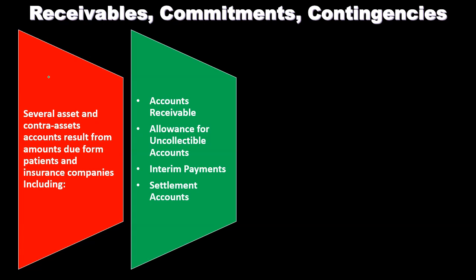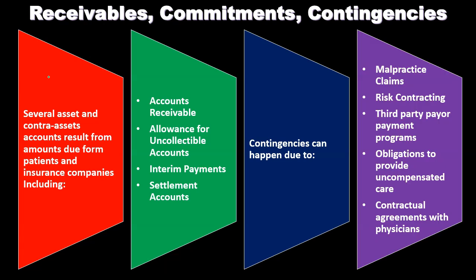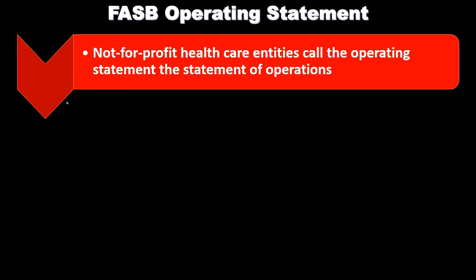We have the allowance for uncollectible accounts because, like with a for-profit organization, we will have to make estimates for how much of the receivables we think are going to be uncollectible, interim payments, and settlement amounts. Contingencies can happen due to malpractice claims, cost contracting, third-party payer payment programs, obligations to provide uncompensated care, contractual agreements with physicians.